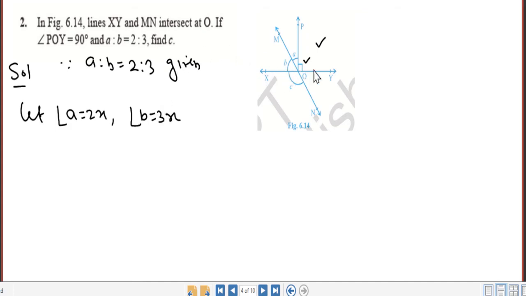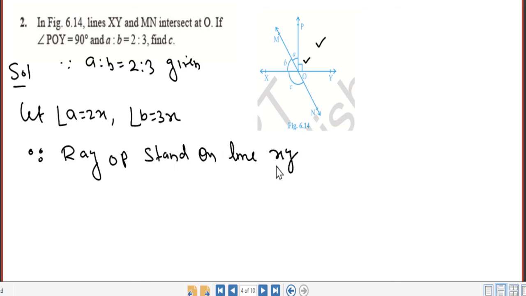Since XY is a straight line, ray OP stands on line XY, so what happened? Angle B plus angle A plus angle POY is equal to 180 degree.